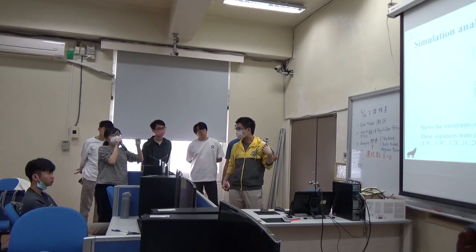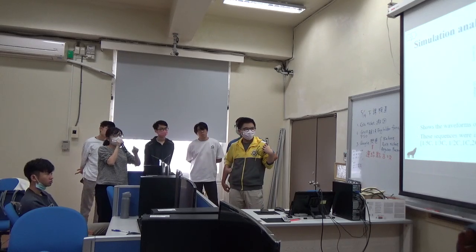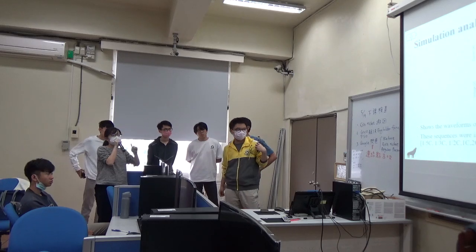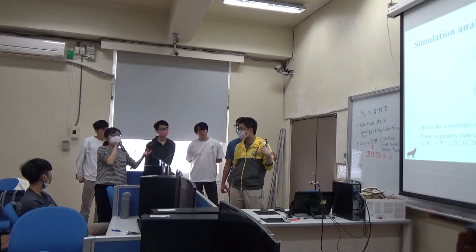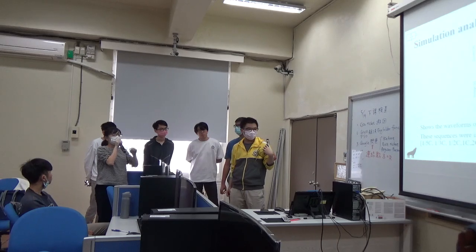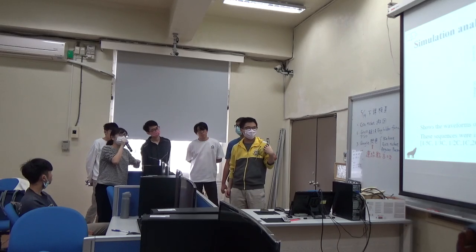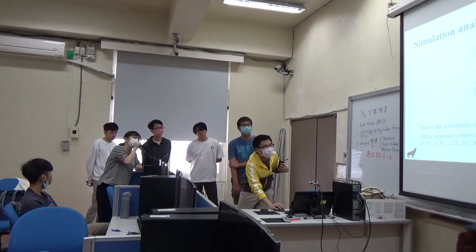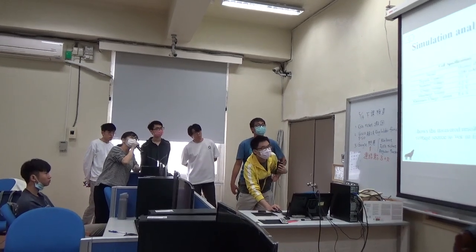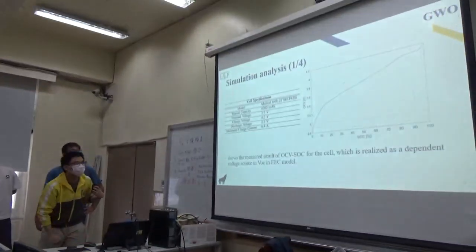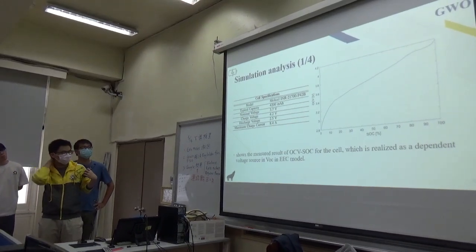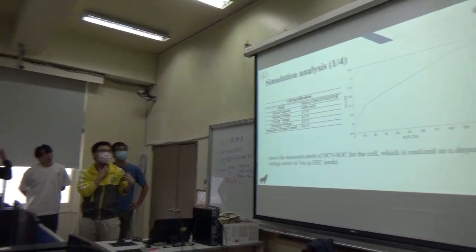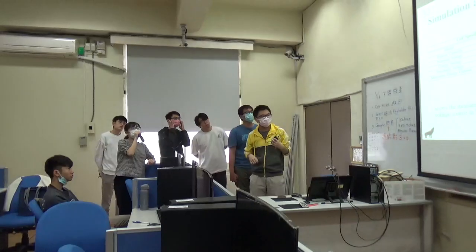Okay, for the battery, 1C means we can fully charge this cell in 1 hour. Can you go back to the specification of the battery? Yes, you can check that this battery cell is 4,200 milliampere-hours.